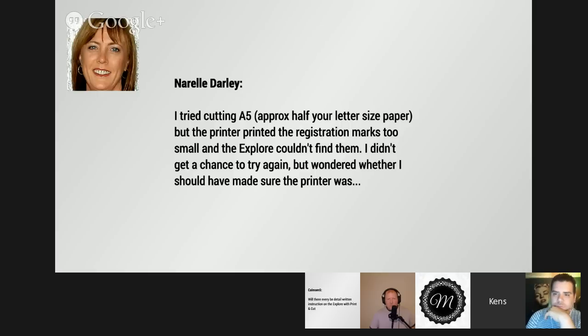She didn't get a chance to try it again, but she's going to play around with it later. So it sounds like she was able to get her printer to print it and manipulate the system, but the Explorer couldn't read the registration marks to cut it. So it does sound like at least it might be an option. We just have to figure out if it will work in the future.